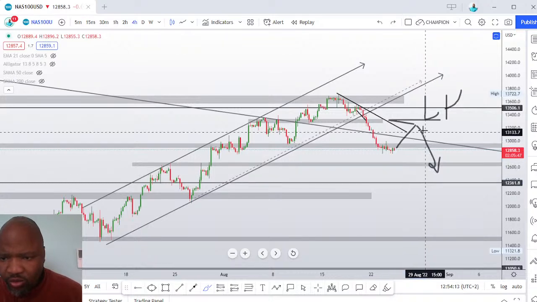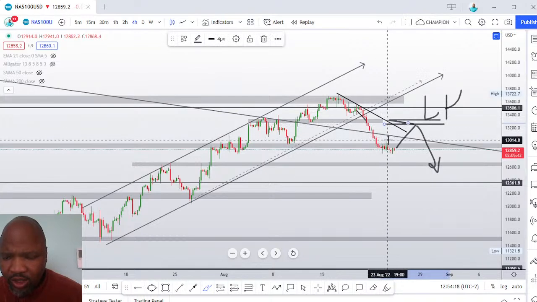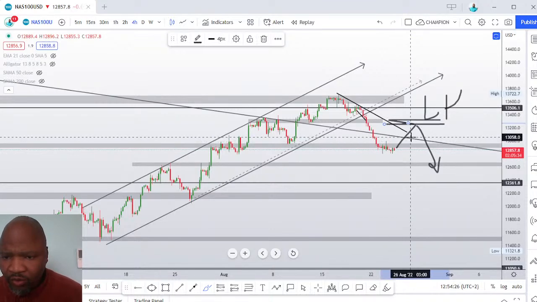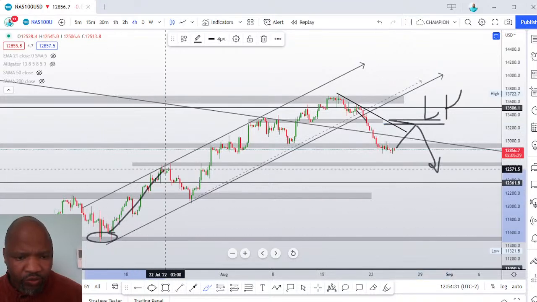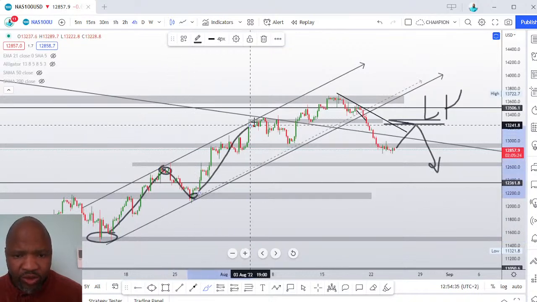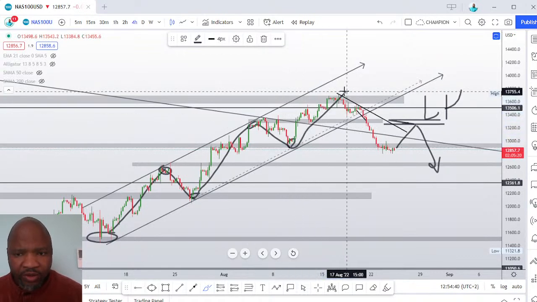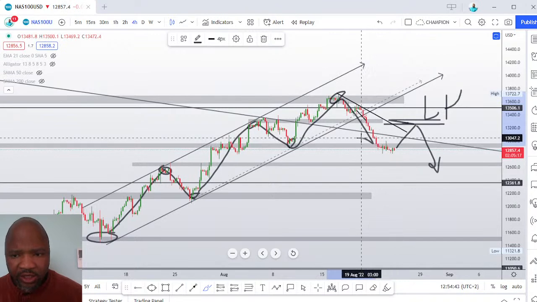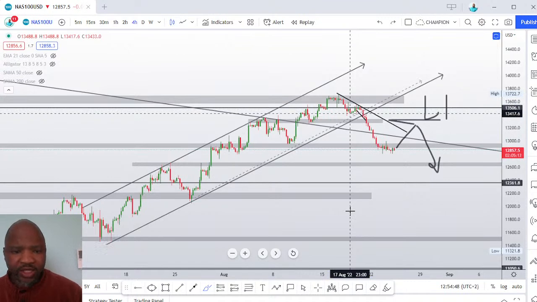But I want you to be patient and wait for that lower high, so that you can tell where the trend is going. Remember that rule: buy low, sell high, buy low, sell high. Easy like that. This is our Nasdaq 100.